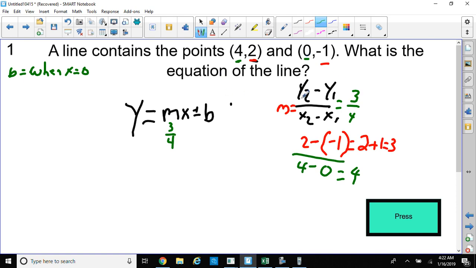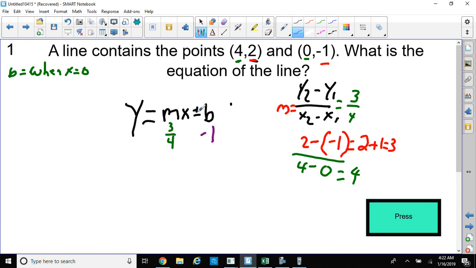That means we have our y-intercept, because when x is equal to 0, whatever the y value is, that is the y-intercept. So the y-intercept is going to be negative 1.